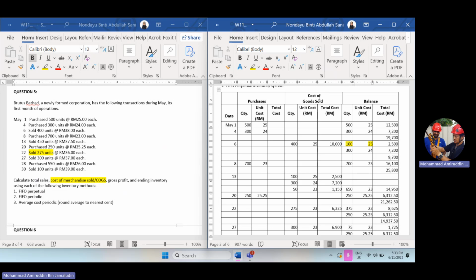Opening inventory plus purchases, right? Let's say you have return outward, but here there is no return outward. After that, minus closing inventory, right? Then you get your COGS.